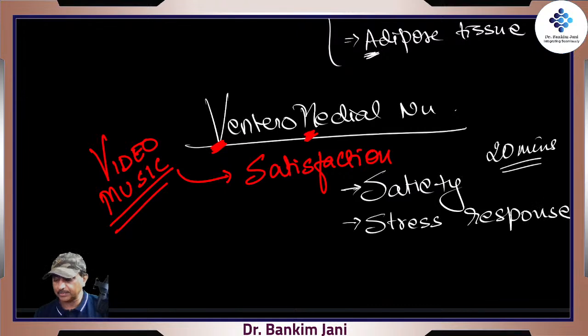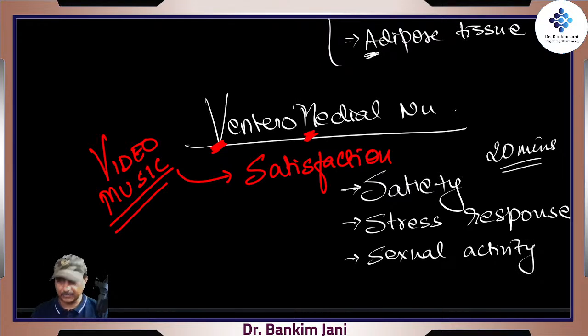It's also a supporting center for sexual activity, not the thought, but the activity. So the ventromedial nucleus takes care of satiety, stress response, sexual activity.